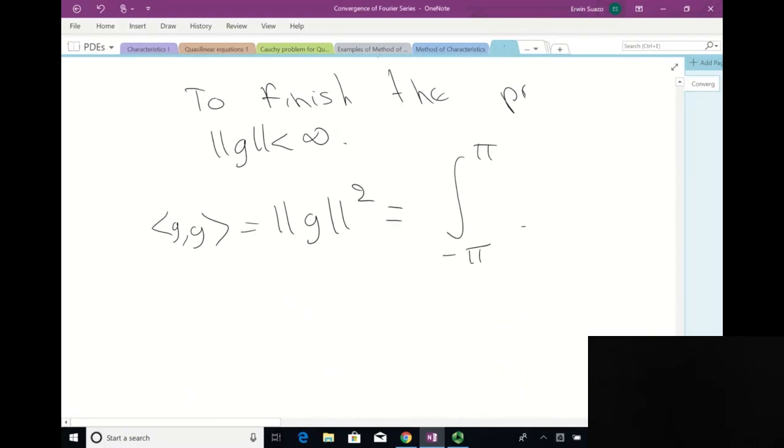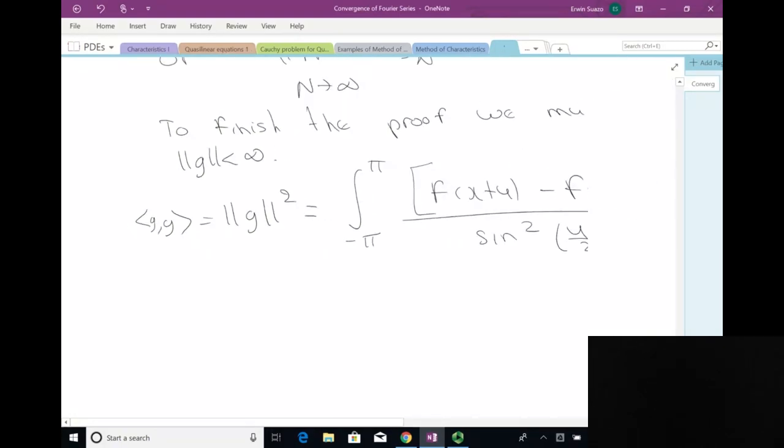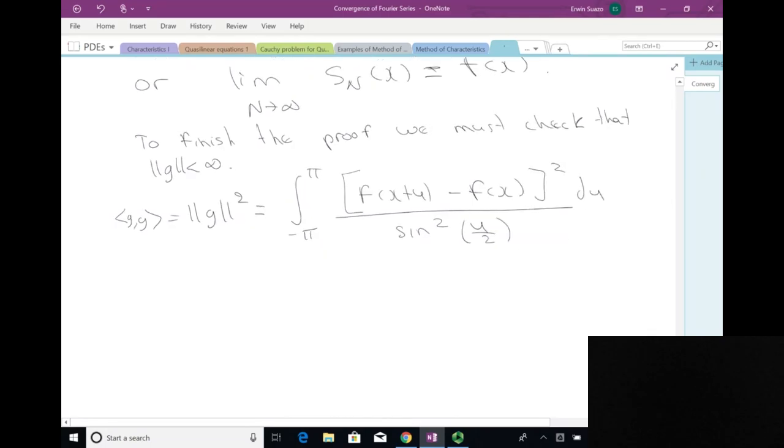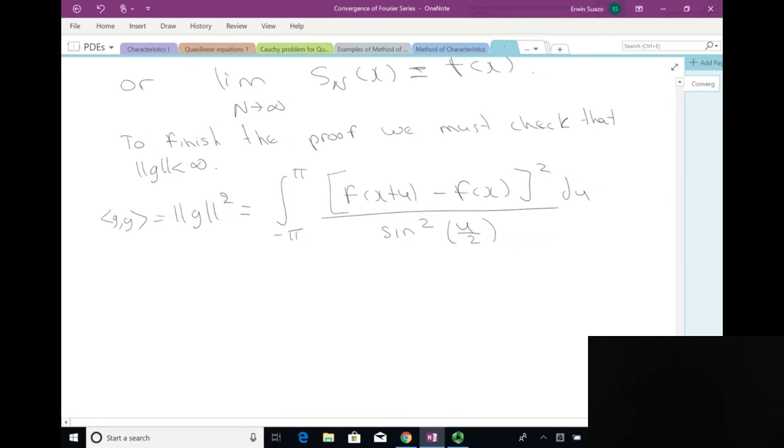So since my f is continuous, I don't really have a problem. I need to make sure that this integral is less than infinity, right?